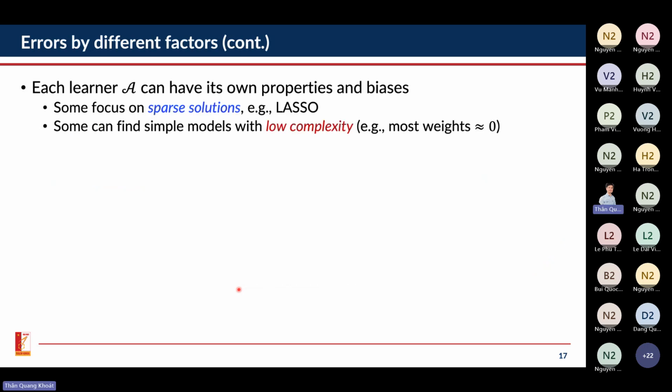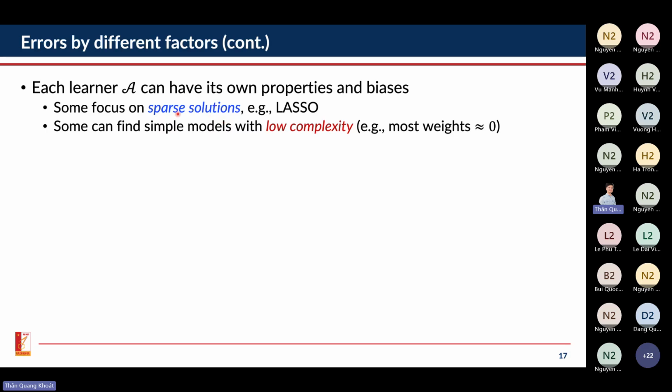That is a good learning algorithm. And in practice, we may have many different kinds of learners. For example, you already know about Lasso, right? It is a very well-known algorithm, and it can help us train linear models, and of course, it can help us train more complex models. The idea is to use L1 regularization, so it can often produce sparse solutions.